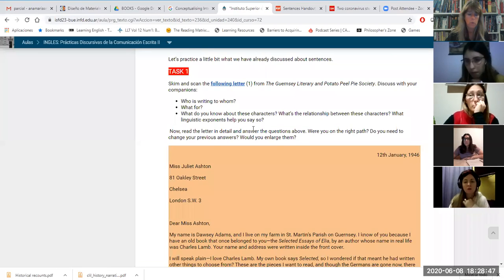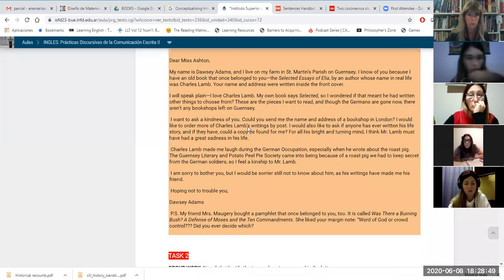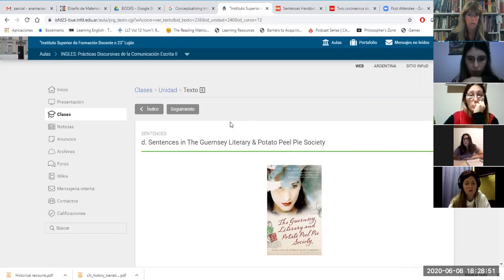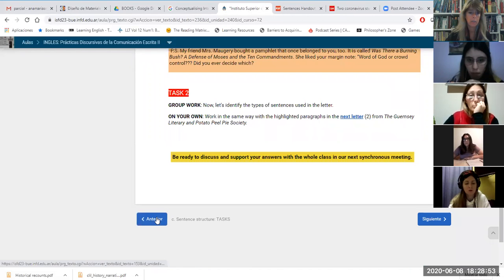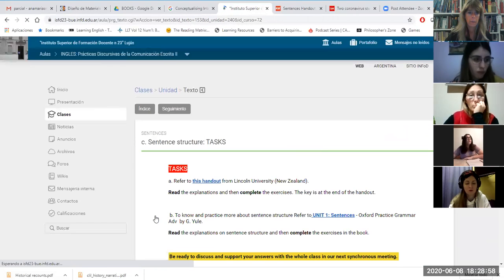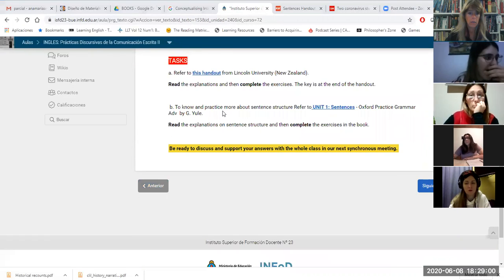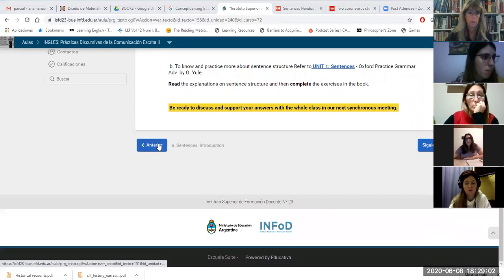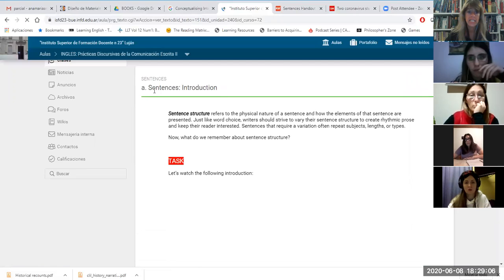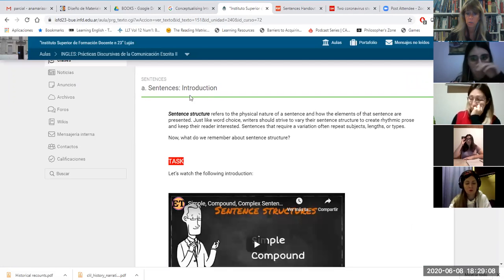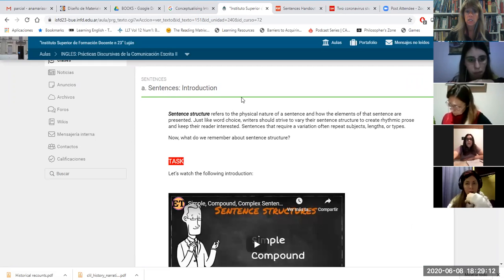I'm going to show you, let's go to this part. I want you to go to the class where it says sentences introduction, right? In our classroom, there is this that says sentences introduction.